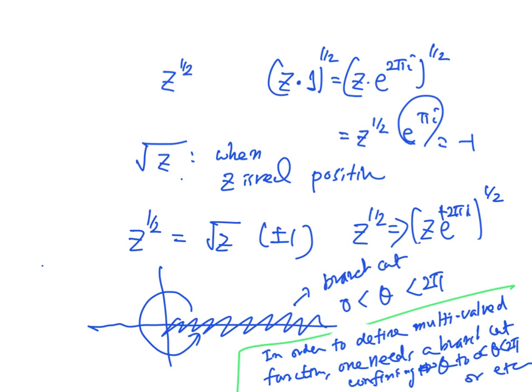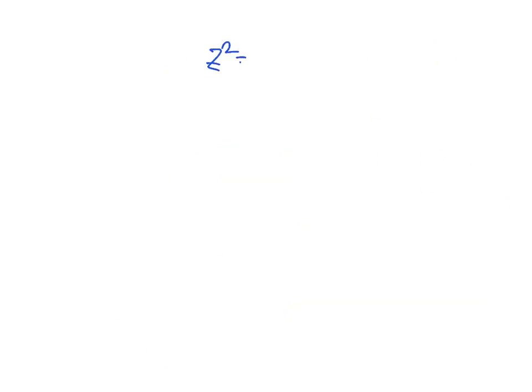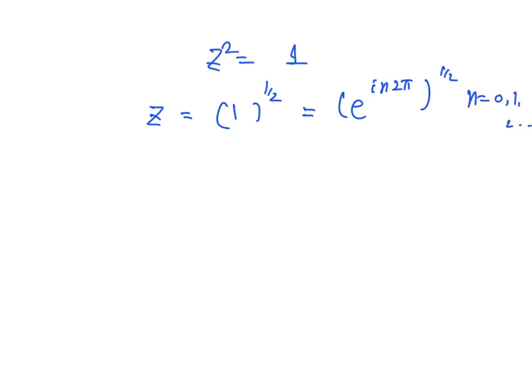So, for example, I want to solve this problem. Then z to the 1/2 is exponential i n 2 pi, and n can be 0, 1, 2, etc., giving plus or minus 1.